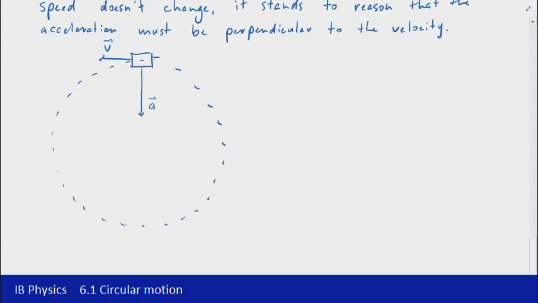The acceleration is going to cause the velocity to change direction, so at some later point when the object has moved a little bit further, the velocity is now going to be this way. Notice that the size of that velocity is still the same, but the direction has changed. The acceleration will still be perpendicular to the velocity. Then as the object continues to move around a little bit further, the velocity has changed direction again, but the speed is still constant, so the size of that vector will still be the same, and the acceleration will still be perpendicular to the velocity.